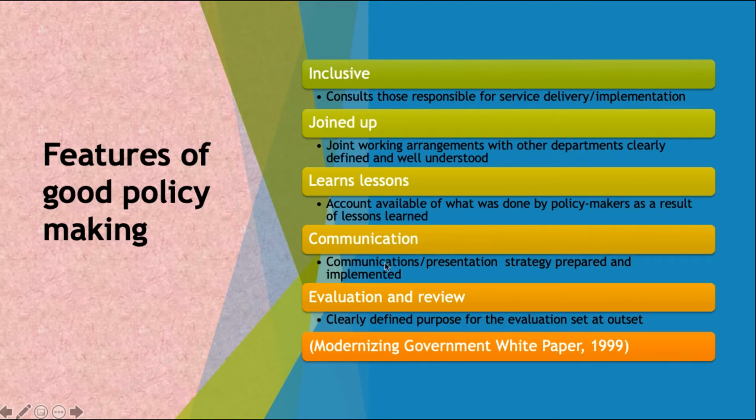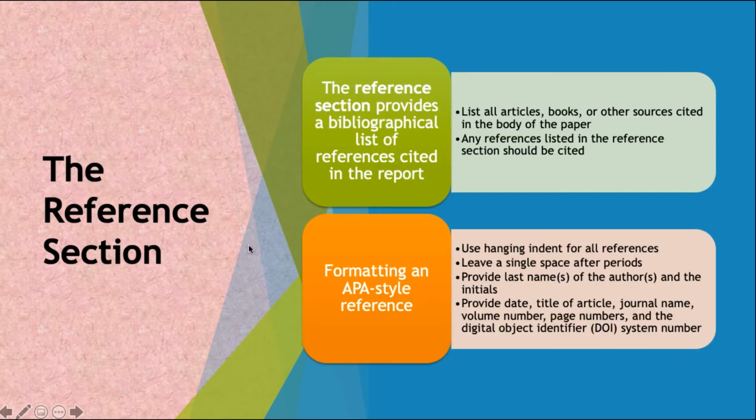Communication: was a communication or presentation strategy prepared and implemented? And we have evaluation and review: clearly define the purpose of the evaluation at the outset. So you can see Modernising Government white paper, 1999, for more explanation.